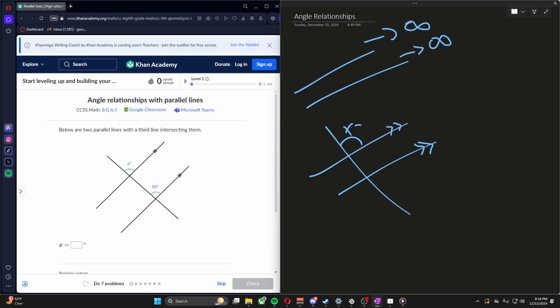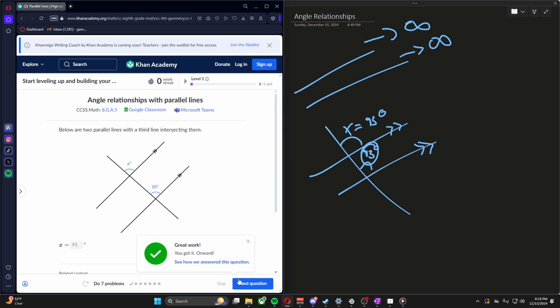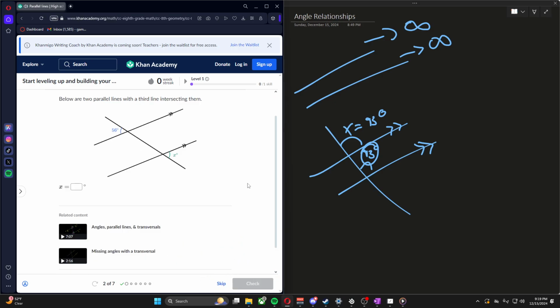So in this case, x would equal 93 because this angle right here is 93. And so we plug in 93 as our answer, and it's correct.